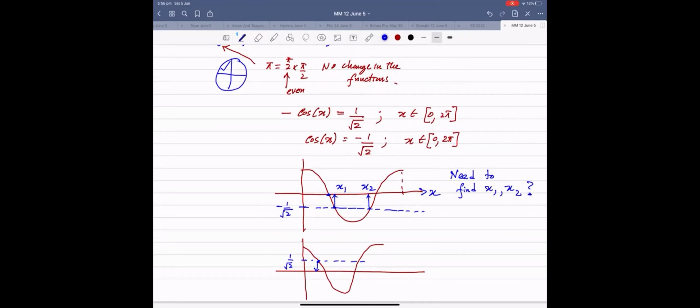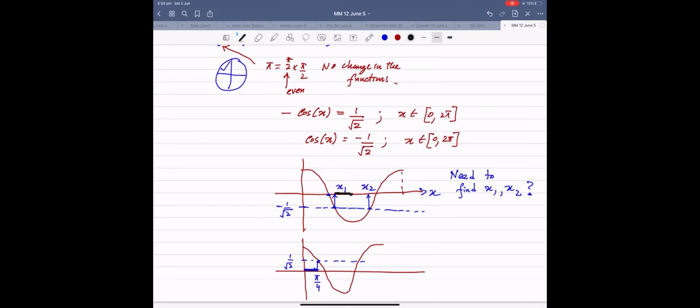That value would be 45, pi divided by 4. So that means this length is pi divided by 4. This length here corresponds to that length, this length is pi divided by 4.